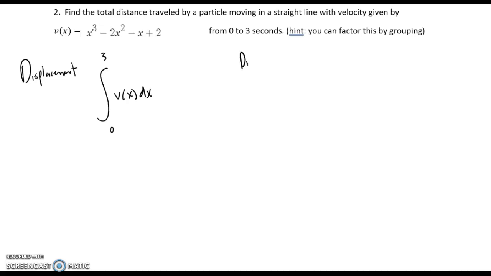Okay, but to get the distance traveled, we need to take the absolute value of any negative, any left movement, and add that to any distance traveled to the right, which means we're going to have to figure out when this is positive, when this is negative. Okay, so I have a hint: you can factor by grouping, so we're going to factor it to see where it crosses the x-axis.